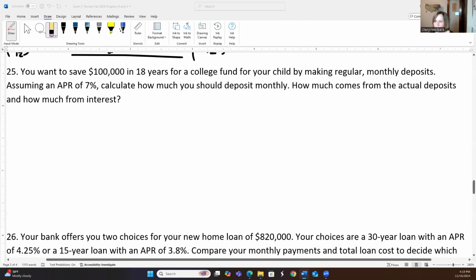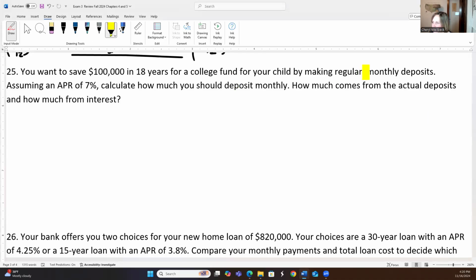In problem 25, it says you want to save $100,000 in 18 years for a college fund for your child by making regular monthly deposits. Assuming an APR of 7%, calculate how much you should put away monthly, and then how much comes from deposits, and how much from interest. So because it says you're making monthly deposits, again, it's going to be a savings plan formula.